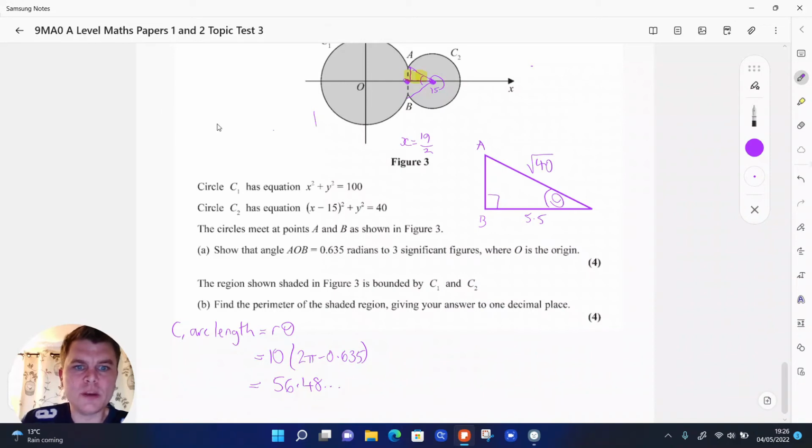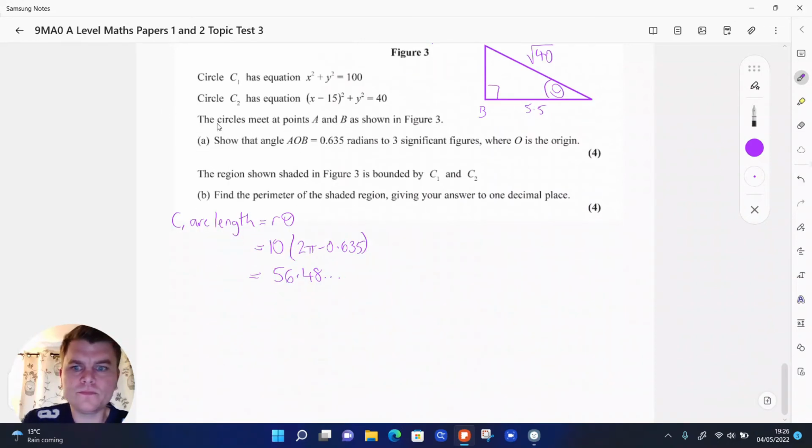So using trigonometry, labelling the sides, that one's adjacent, that one's opposite, and that one's hypotenuse, so it is definitely cos theta.